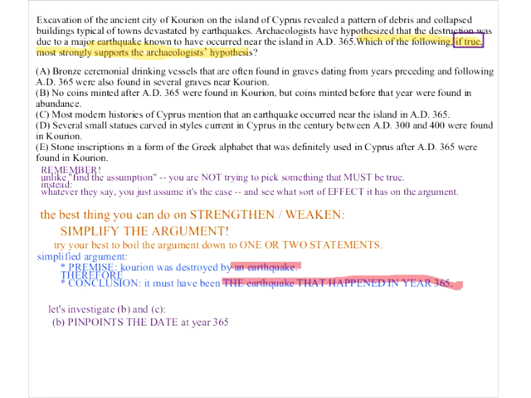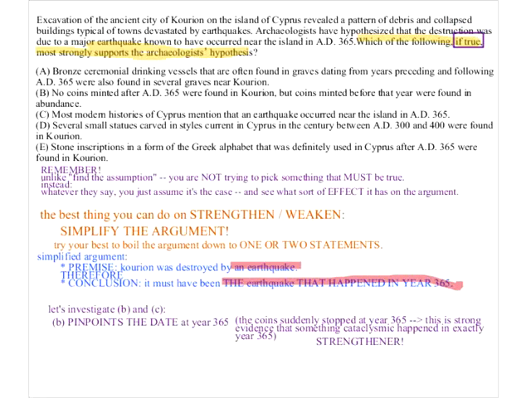Basically the coins suddenly stopped at year 365. This is strong evidence that something cataclysmic happened in exactly year 365. That's a strengthener.